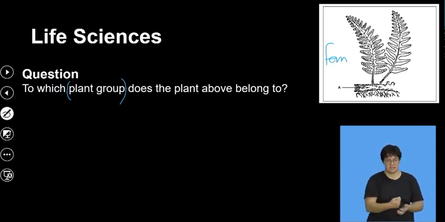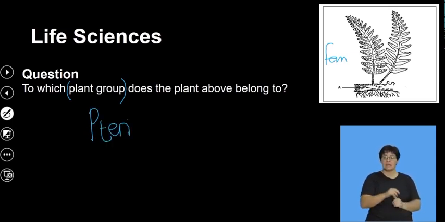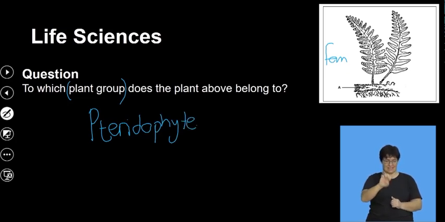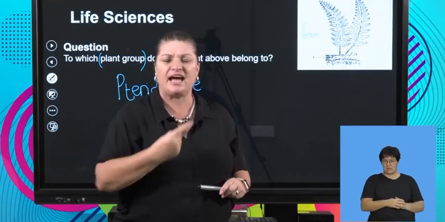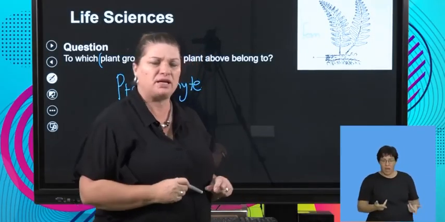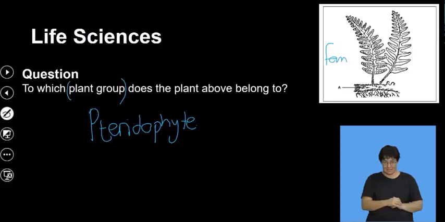That is an example. It wants the long one, and if you say it phonetically, pteridophyte, that's fine. Don't worry about your pronunciation. Just worry about if you can say it phonetically. Say it how it sounds, and it's going to be much easier for you. So the plant group, not an example of it, is the pteridophyte.